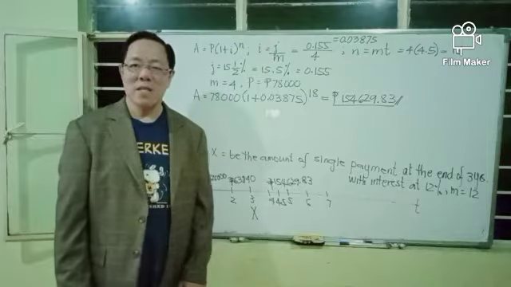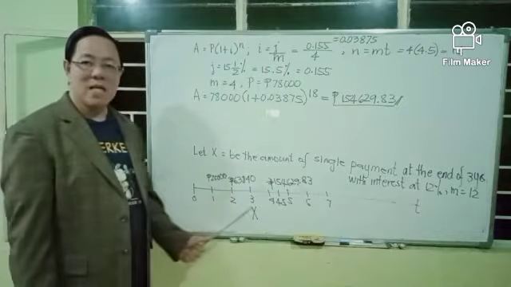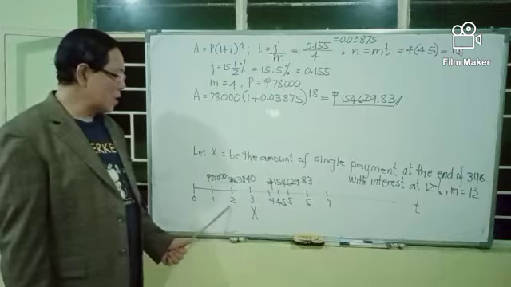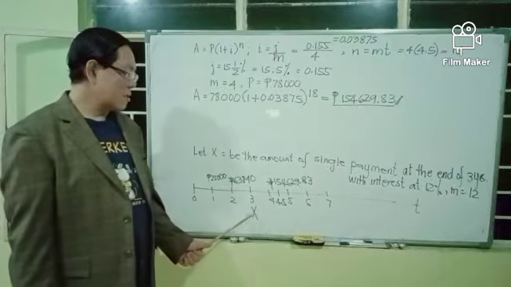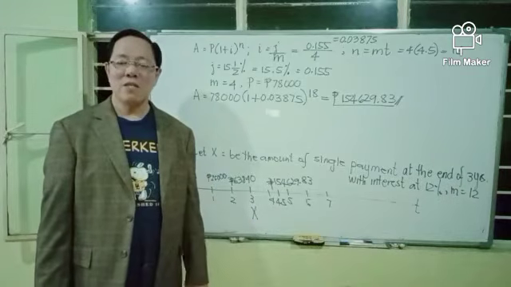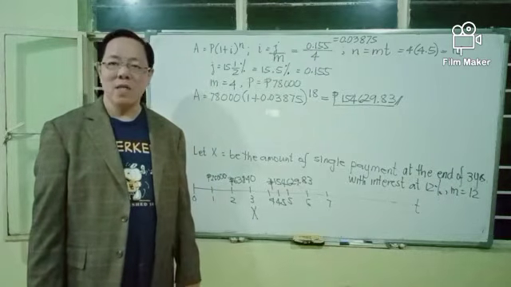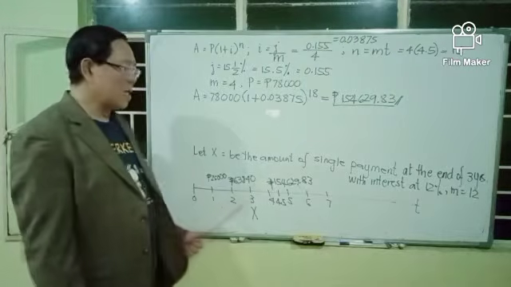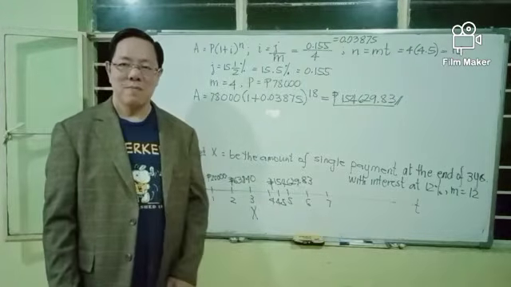And the comparison date can be any time in the timeline. It can be 0, 1 year, 2 years, 3 years, 4 years, 5 years, etc. The comparison date can be any point in the timeline, denoted by T.